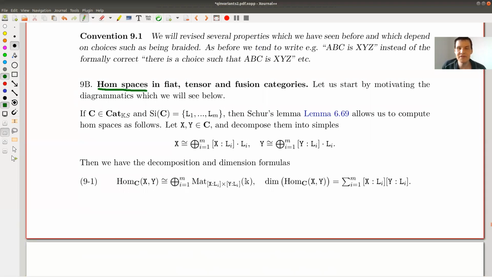So I want to know what hom spaces look like in my favorite type of categories, the ones we discussed in the previous 3, 4, 5 lectures, where algebra and all those categorical notions come together, like pivotal and braided and whatever.